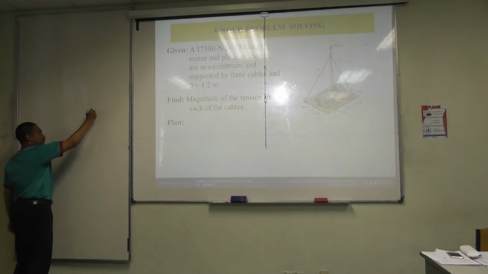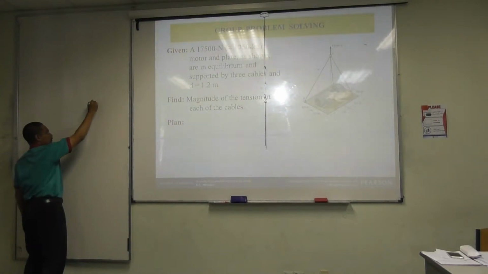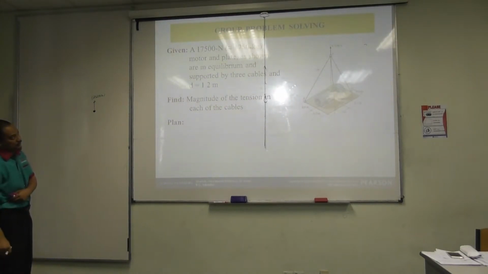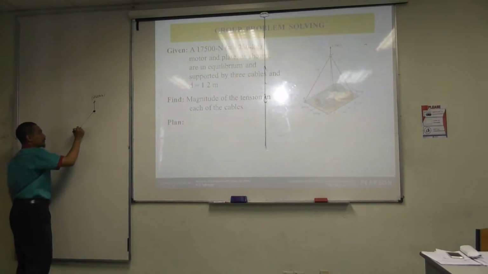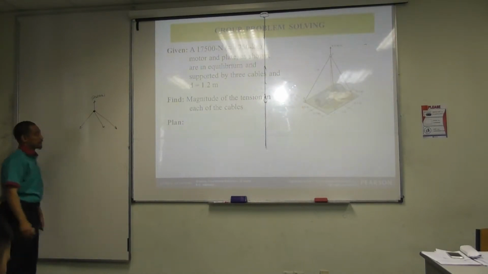So at point A, this is the particle that we are considering as the body. So of course we have 17,500 Newton there, and then we have another 3 forces from the 3 cables there. So one, another one, roughly like that.